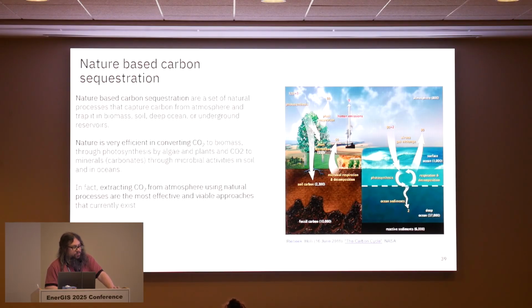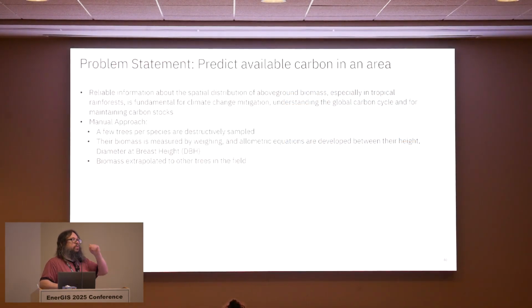And we all know that trees are very good at converting carbon dioxide to biomass, right? So the idea of this is, can we predict the available carbon in an area, say in the middle of the rainforests in Brazil or Mozambique or Argentina, wherever it is, because there's two sides of this.